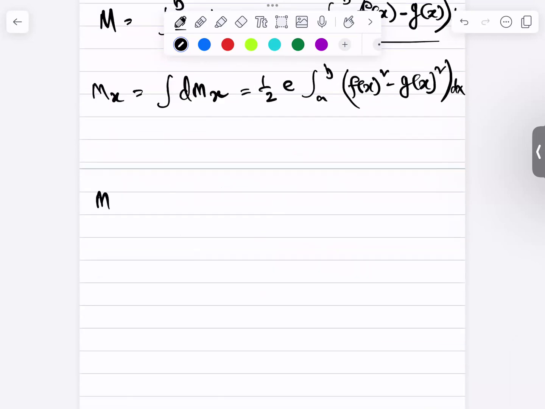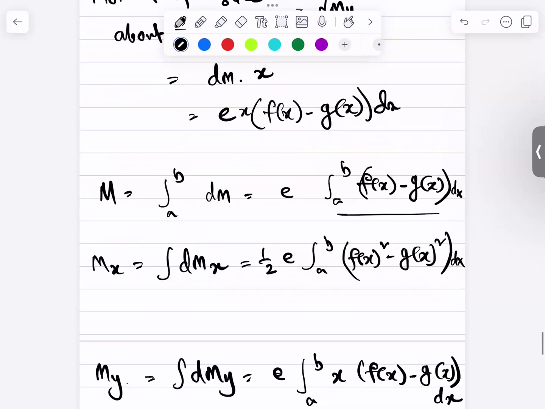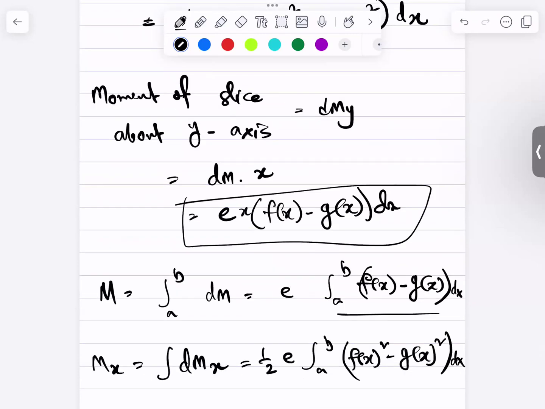And My would be integration dMy, which is E times integral a to b of x times f(x) minus g(x) dx. The same thing, we just integrate this quantity.